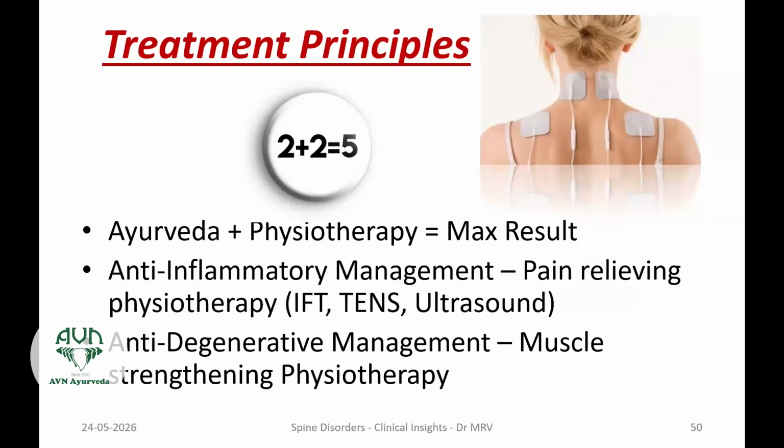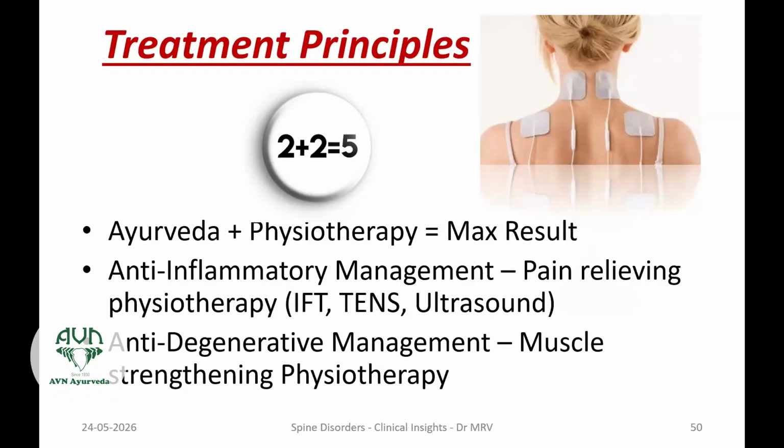That is why, in my opinion, I am also a beneficiary of physiotherapy. I can say 100% that 2 + 2 is equal to 5, which means that Ayurveda plus physiotherapy has some added effect. Hence, initially we can do IFT, TENS, ultrasound and other pain management procedures.